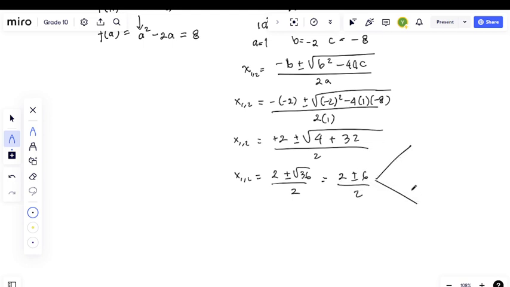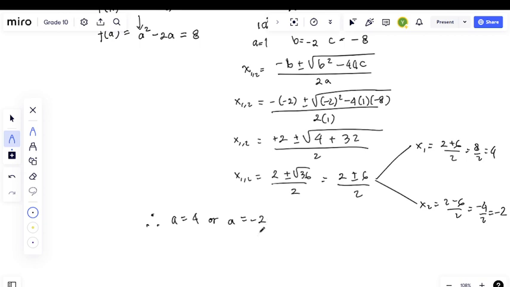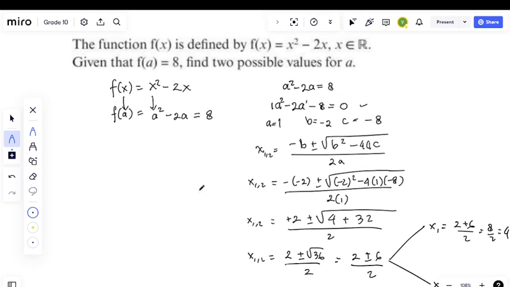Nah, sekarang kita cari ya, 2 possibilities. 2 plus 6, 2 minus 6, so we have 8 over 2, it's 4. And as for this, it's negative 2. So the possible value for A, jadi dua kemungkinan nilai A-nya adalah hanya 4 atau hanya min 2. Ya, nanti diulang lagi about the explanations here.